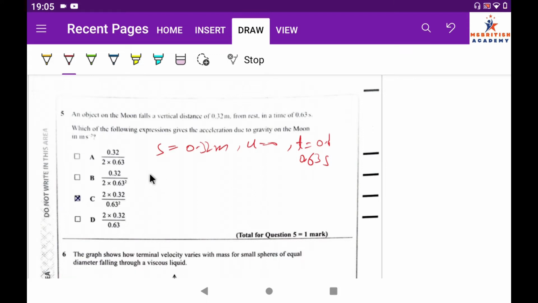So we can use the formula s = ut + half a t square.